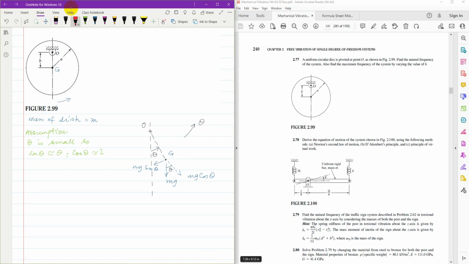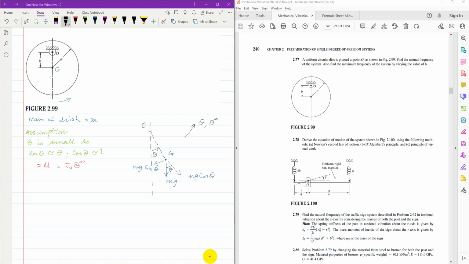Here I can apply the sum of all moments equal to J equivalent theta double dot. The direction of motion is counterclockwise, and the moment due to mg sine theta is clockwise. The mg cosine theta passes through the center of rotation, so it does not contribute any moment.